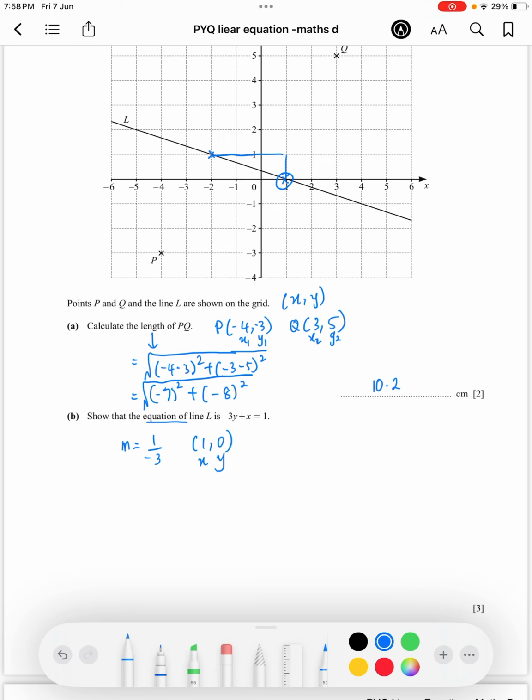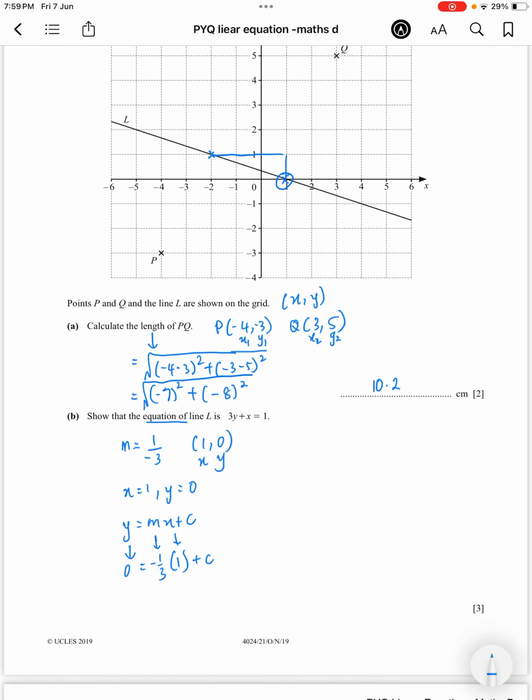So m equals -1/3, x equals 1, y equals 0. I put it in the equation, y equals mx plus c.